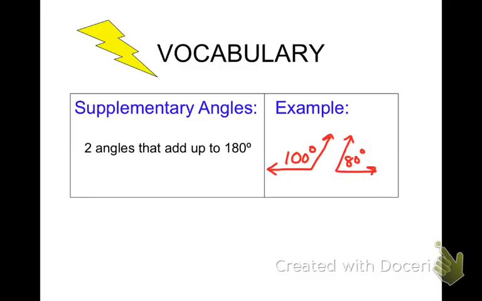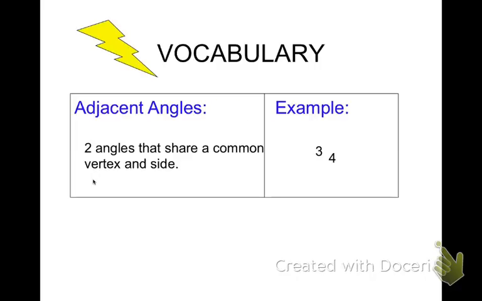If I had an angle that was 10 degrees, what would be the supplement? 170. Good. If I had an angle that was 90 degrees, what would be the supplement? 90 degrees. Right? Okay, so supplementary angles, complementary angles. Make sure you know the difference between the two.